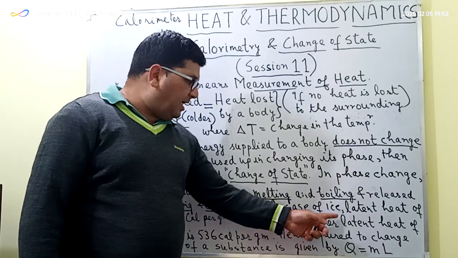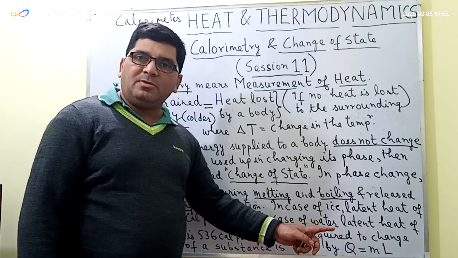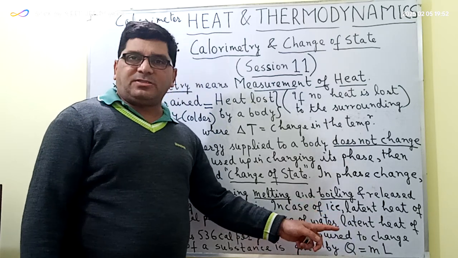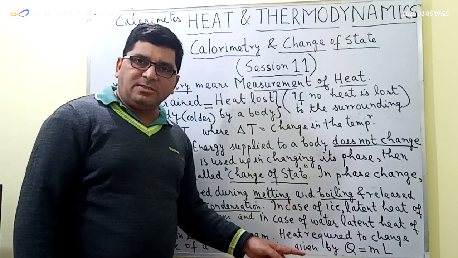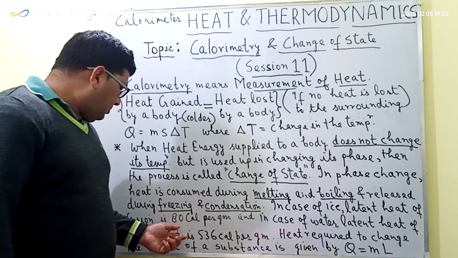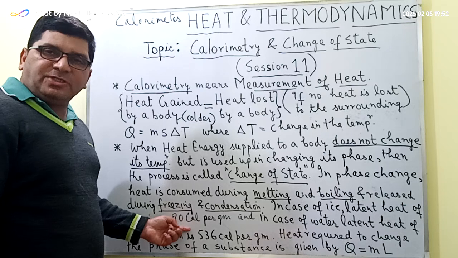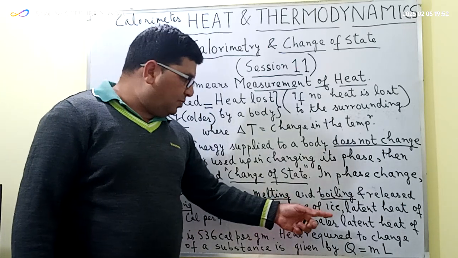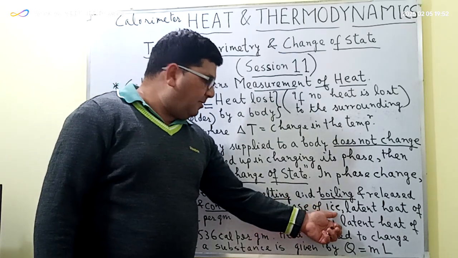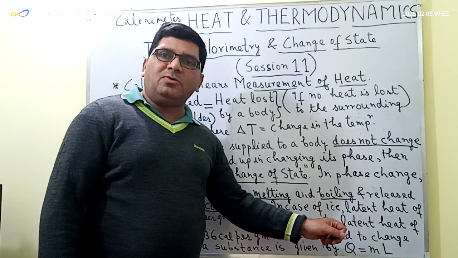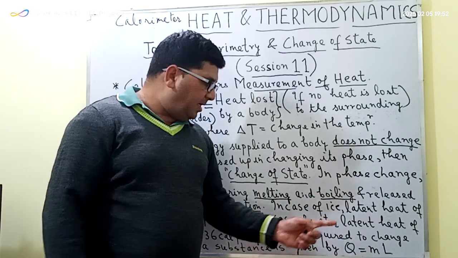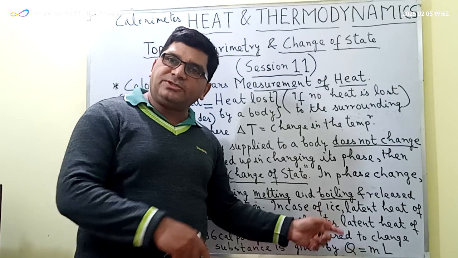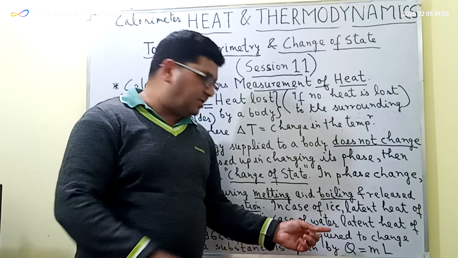Ice is a solid and water is a liquid, so there is a phase change. This latent heat of fusion is used up in converting the ice into water at the same temperature. The temperature is not changing, but the ice is getting converted into water.